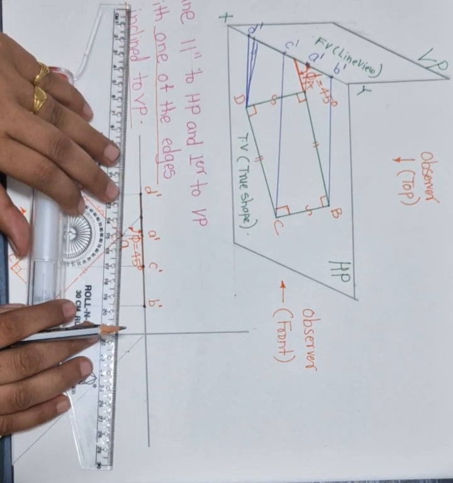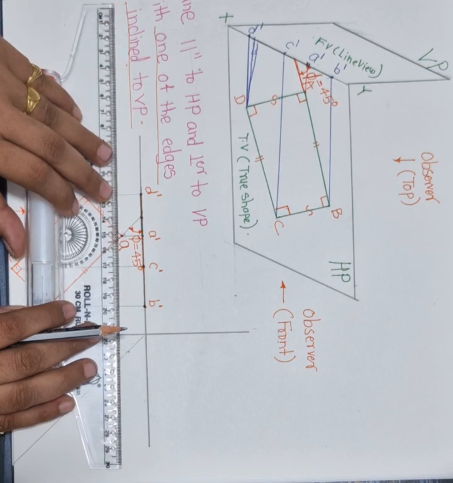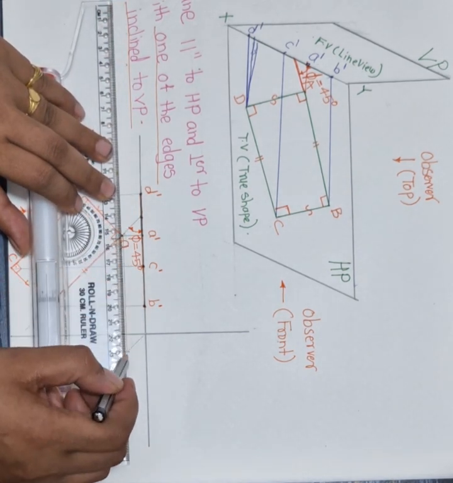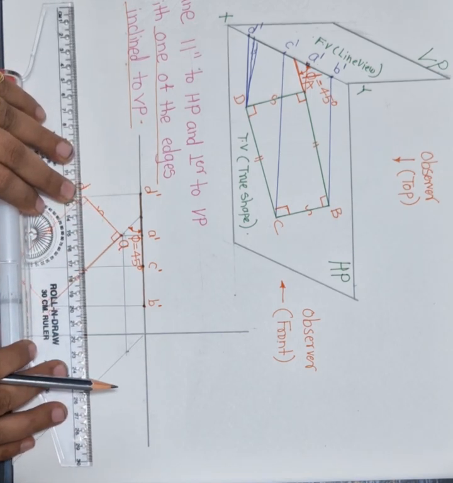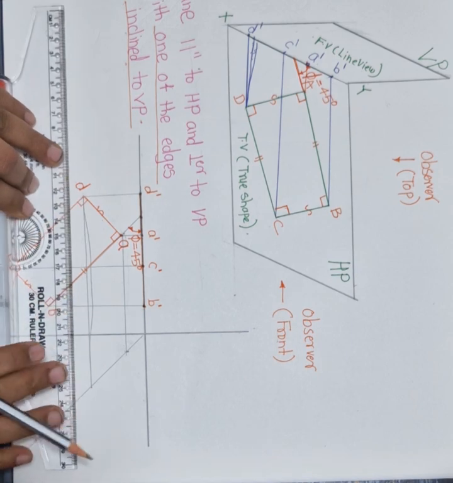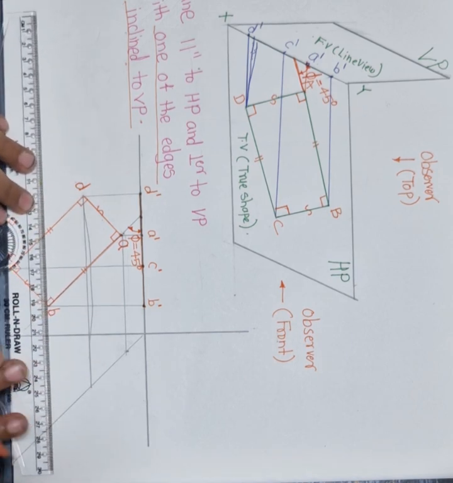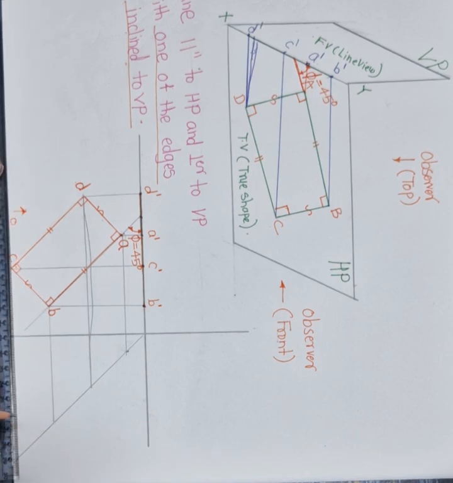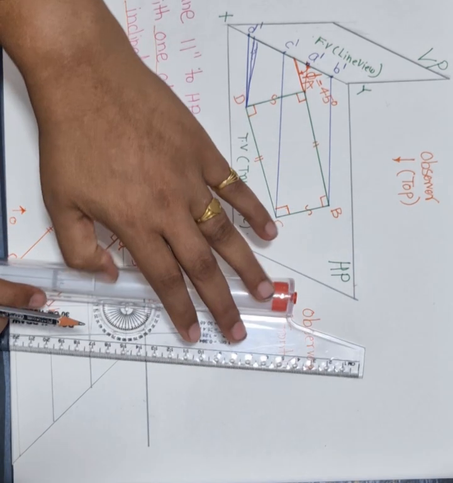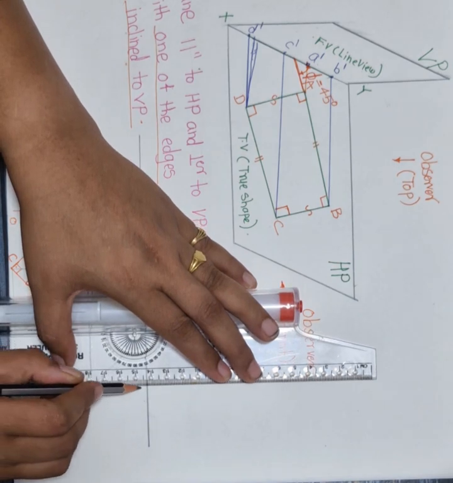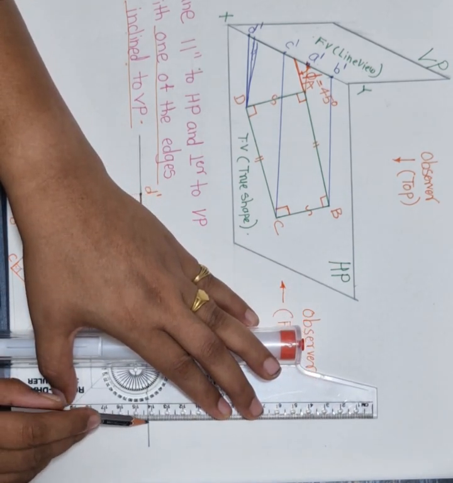Let us take the projection of A, D, B, and C. Let us take this projection upward up to the XY line.